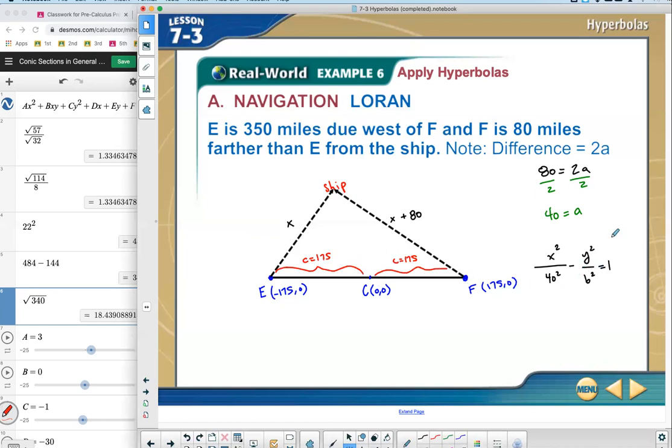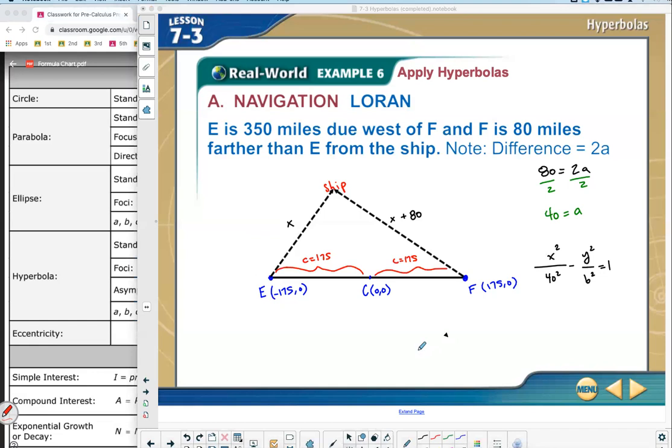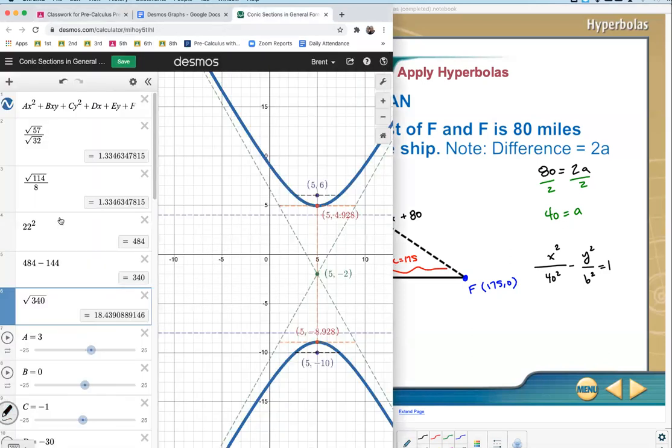So if I wanted to use the formula, let me pull that up over here: c squared equals a squared plus b squared. If I wanted to use this formula, we could solve saying c squared equals a squared plus b squared. And we know c is 175. So 175 squared will equal 40 squared plus our b squared. So I'll go to our calculator here and start figuring out what these values are.